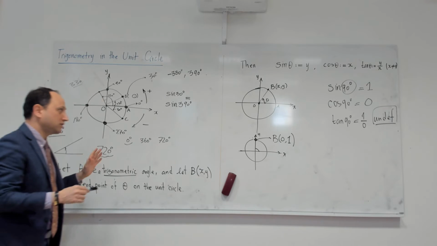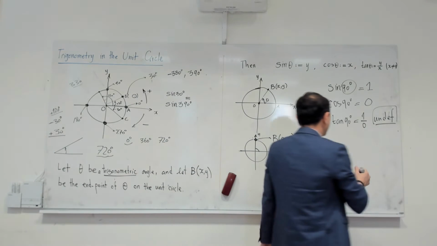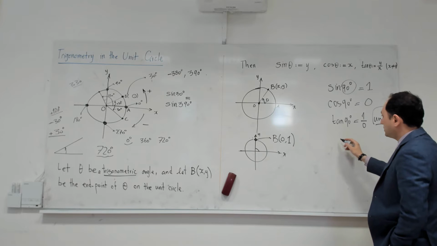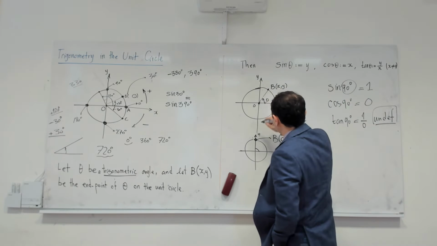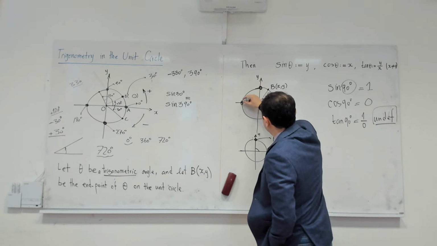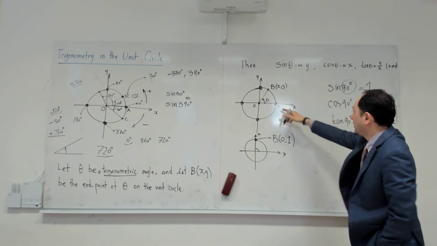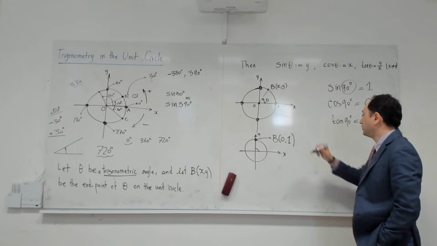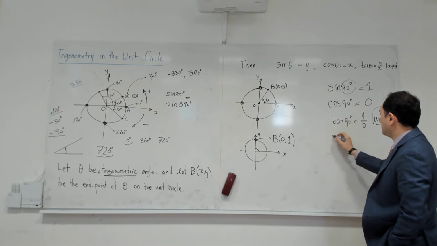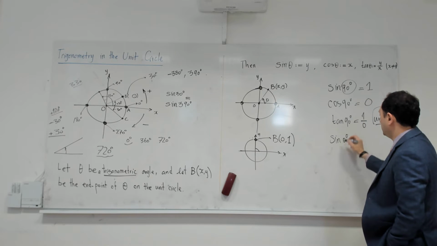So let us just try to practice this a little bit more. For example, let us consider these important points, yes? So let me start with this point. The famous number for A is 0.